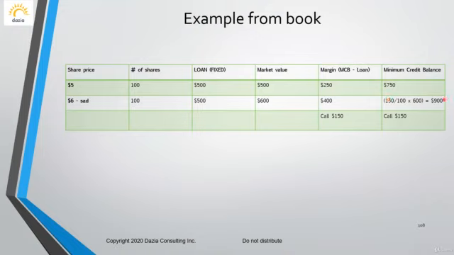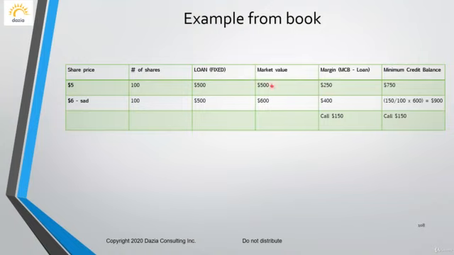It's $900. So $900 is what you need to maintain in the account, but you only got $500 from the company. So 900 minus 500, $400 needs to be deposited to the margin account.